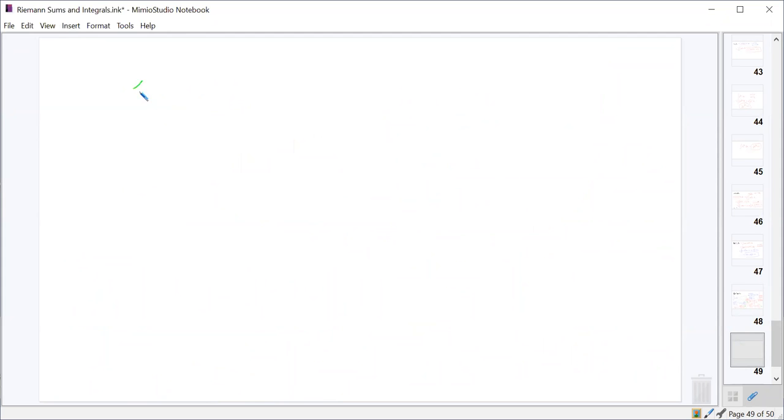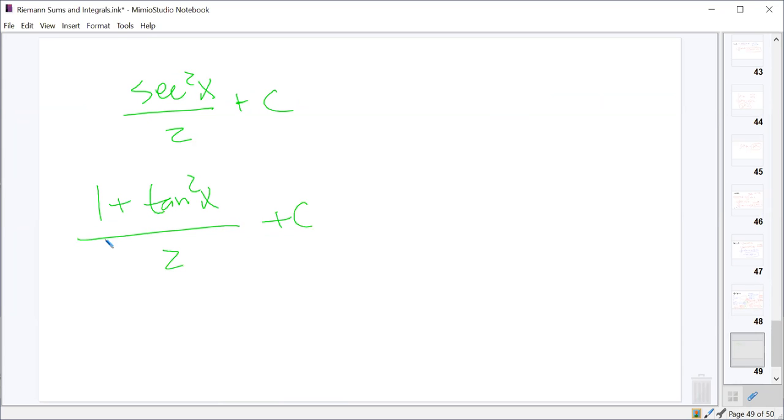Let's do this the other way. Secant squared x over 2 plus a constant. Secant squared is equal to 1 plus tangent squared, isn't it? It is. And this would then be 1/2 plus tangent squared x over 2 plus a constant.